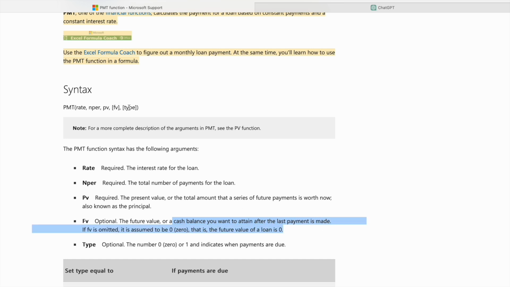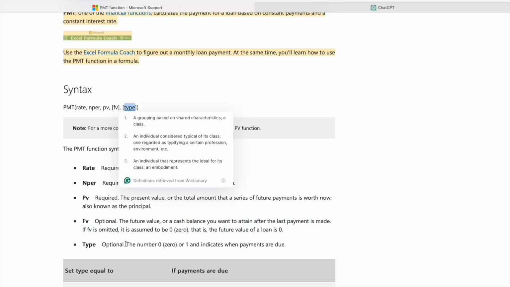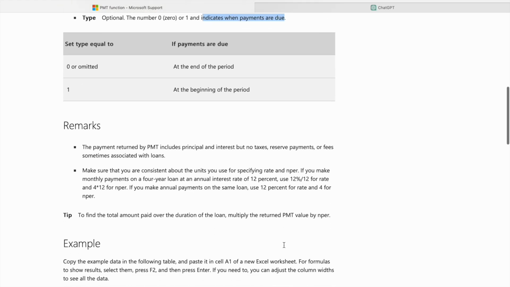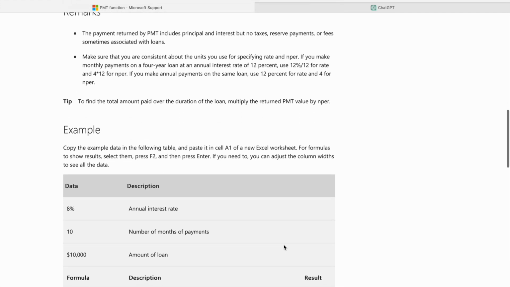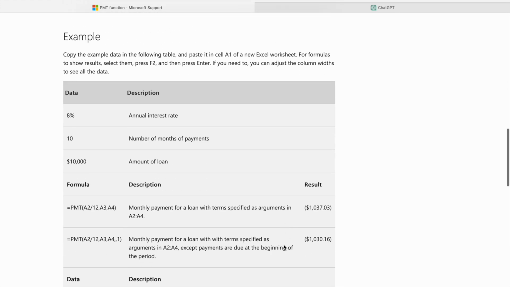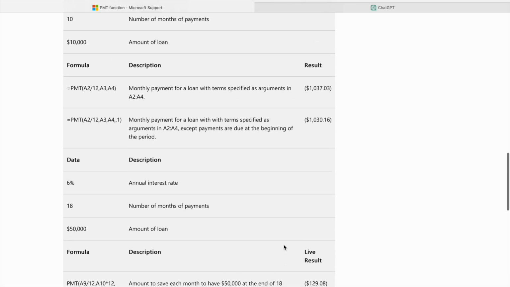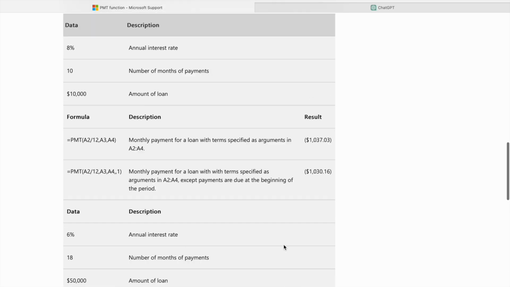Then we have type, which is optional. Here number 0 or 1 indicates when the payments are due. So let's see the syntax in action by solving a problem. So we have a total of 3 problems.